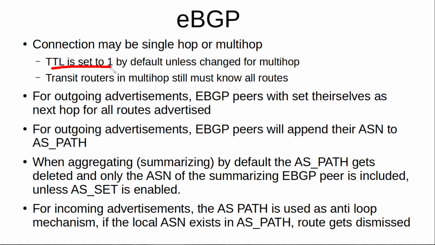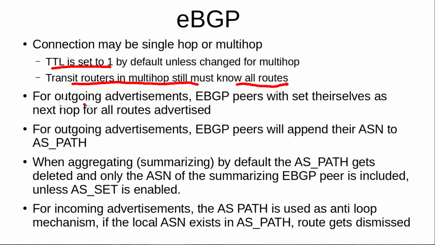That means that devices must be connected back to back. Otherwise, you will have to configure it in order to have multihop sessions. These have a downside because all transit routers in multihop sessions must know all the routes, because maybe you can establish your BGP session, but the routing will not work unless this happens.